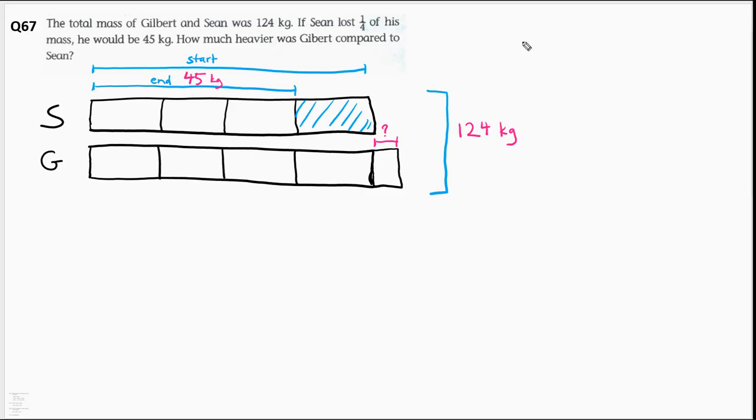So if we divide 45 by 3, we're going to get a value for each part, which is 15 kilograms. I'm just going to write 15 in for the sake of not having it cluttered. These are 15 also, but also this is 15. Okay, that's still there. It just said if he lost it, and actually it's part of our comparison.